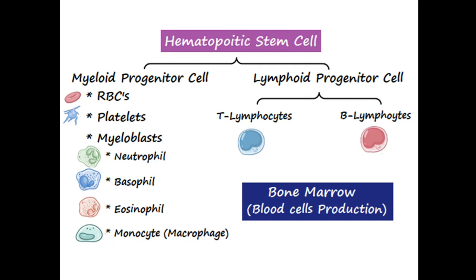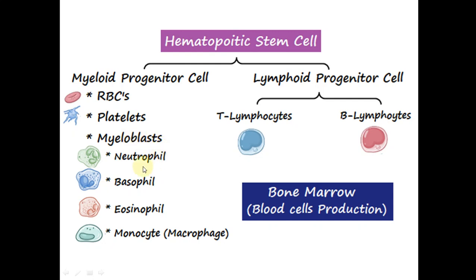At the beginning, this hematopoietic stem cell differentiates into two types of cells. One is known as the myeloid progenitor cell and the other is known as the lymphoid progenitor cell. The myeloid progenitor cell will differentiate into a number of cells including red blood cells, megakaryocytes, which will lead to the production of the platelets, and the myeloblasts.